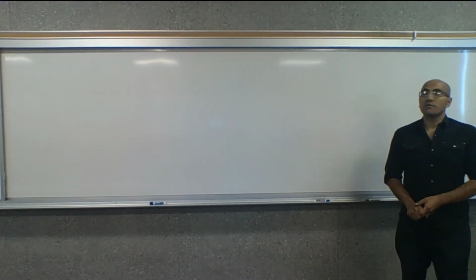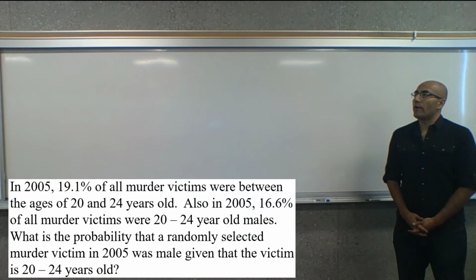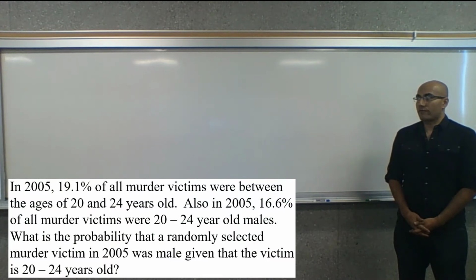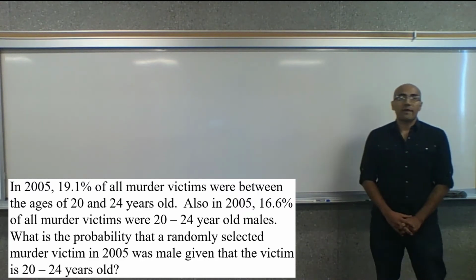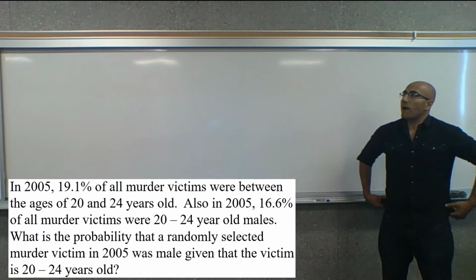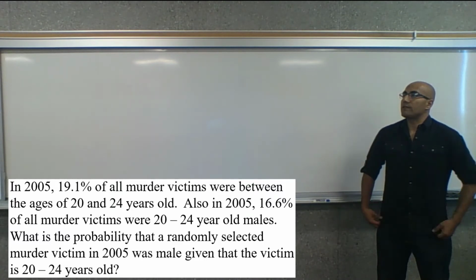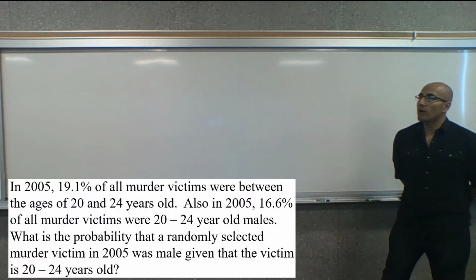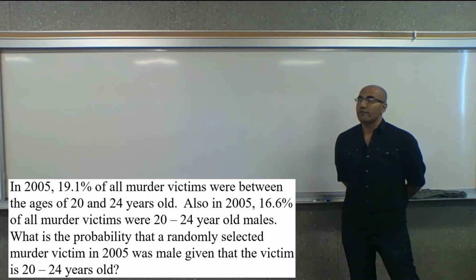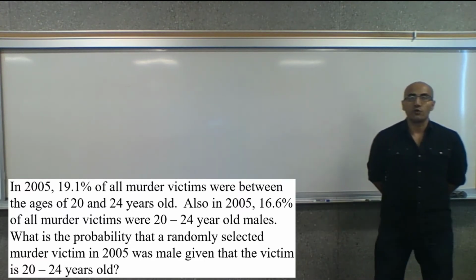So, in 2005, 19.1% of all murder victims were between the ages of 20 and 24 years old. Also in 2005, 16.6% of all murder victims were 20 to 24-year-old males. What is the probability that a randomly selected murder victim in 2005 was male, given that it was a 20 to 24-year-old individual?